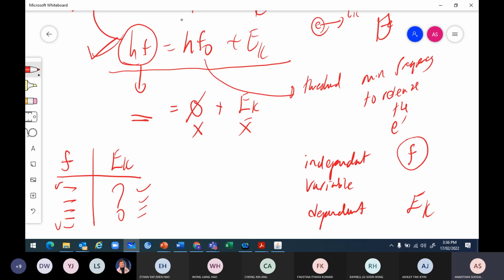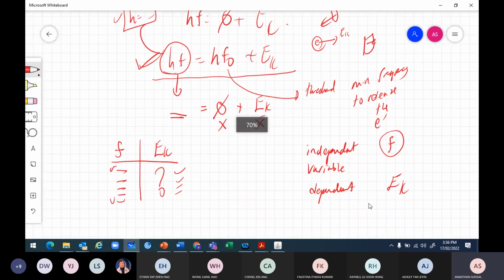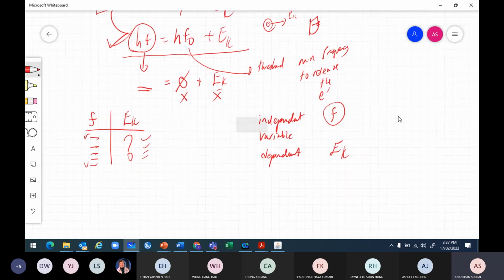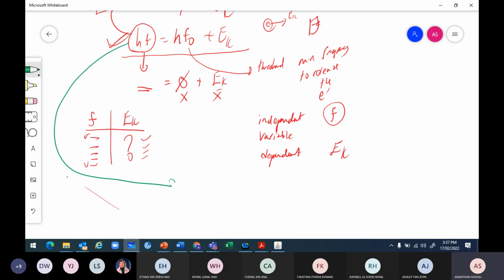You can prove this equation, right? Use your science law. If you know the frequency and you know the kinetic energy, how can you prove whether this is correct or wrong? You plot a graph, right? What graph can you plot?